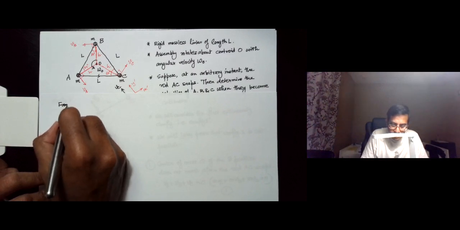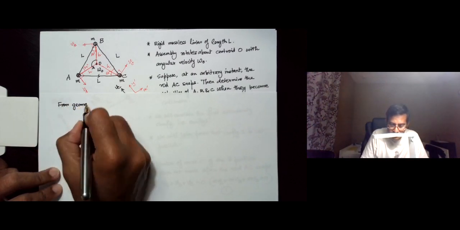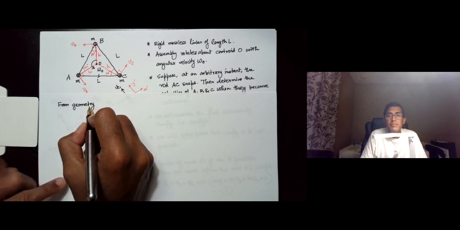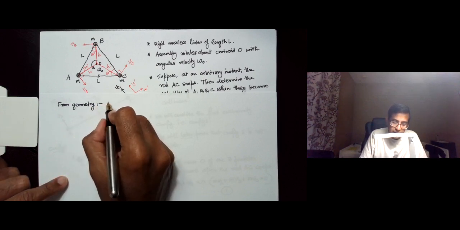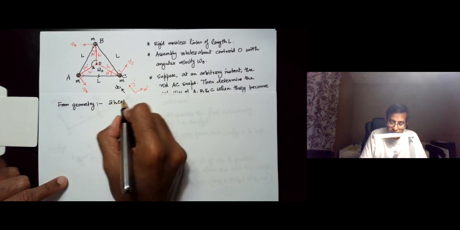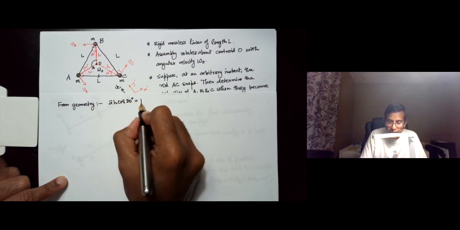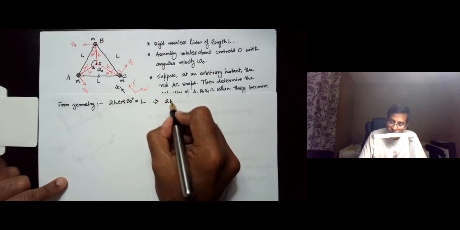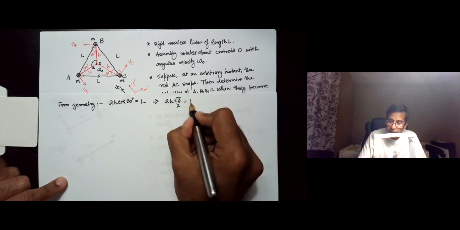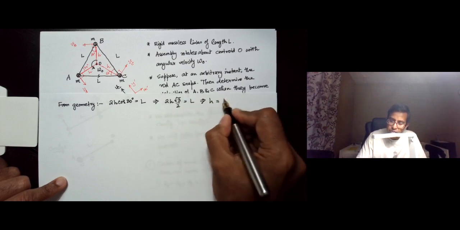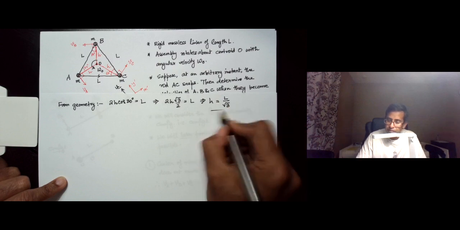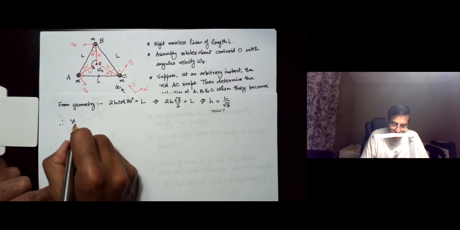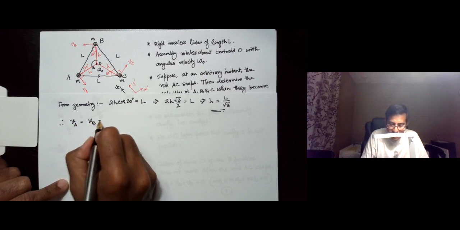So from geometry we deduce that 2h cosine 30 degrees is equal to L, which means that 2h square root 3 by 2 is equal to L, which means that h is equal to L divided by square root 3, right? So therefore VA equals VB equals VC.